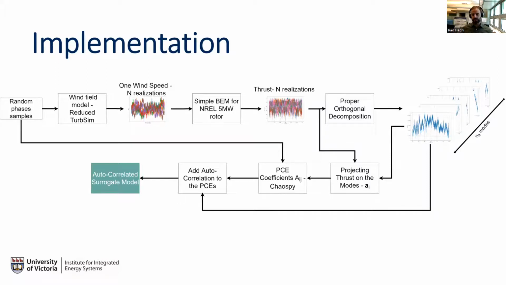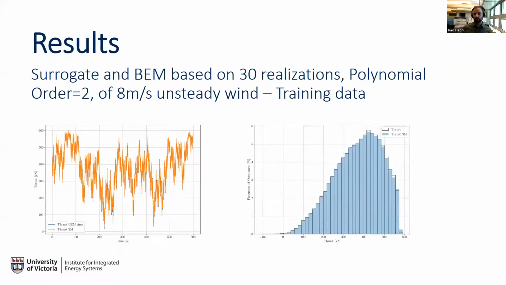Then we project the thrust on those modes. Using what we get as the output, we calculate the coefficients for our polynomials, and then we put them together, and we're supposed to have an autocorrelated surrogate model. So in theory, it should work quite beautifully, and actually it works pretty good.